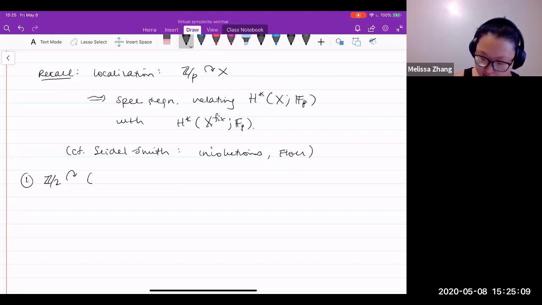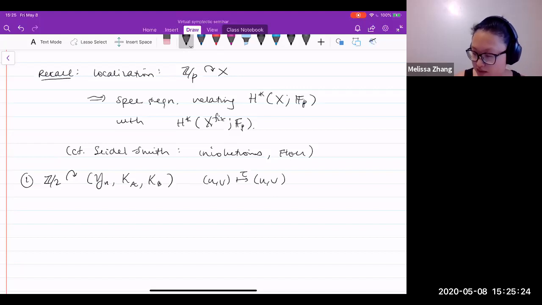If Z2 is acting on my symplectic manifold, and then these two Lagrangians, right? So we really want to say that we're flipping one of the coordinates, and let's just say we're flipping the V coordinate. Then the fixed point set would basically just be like a circle, right?